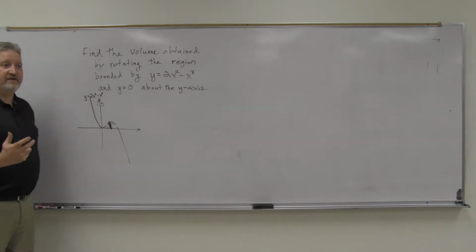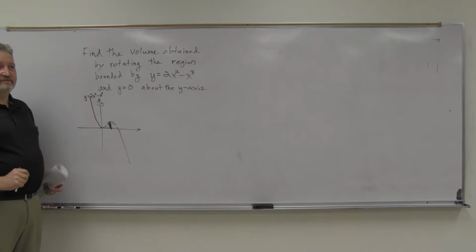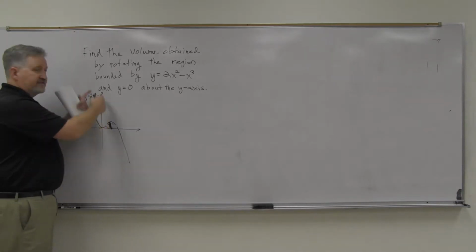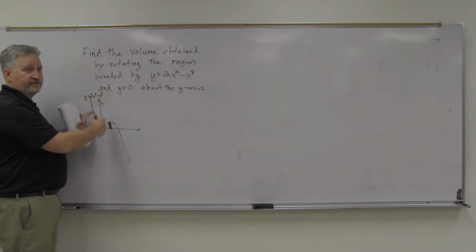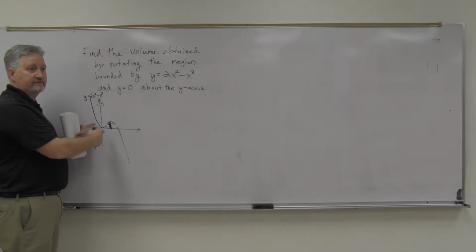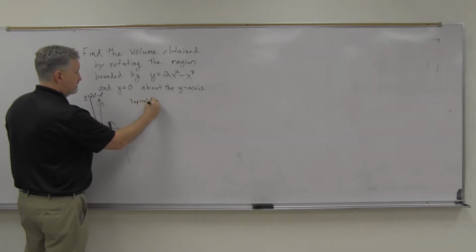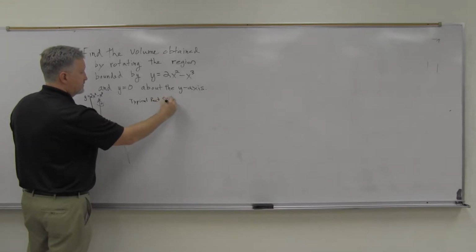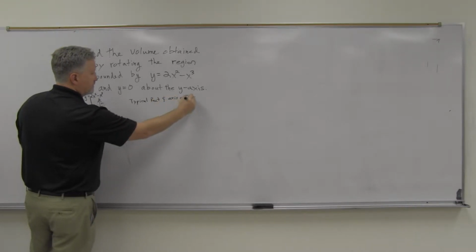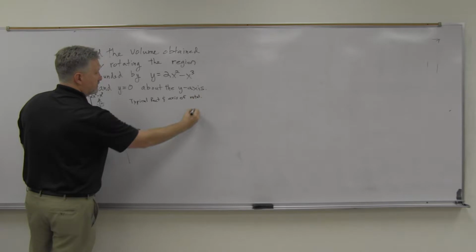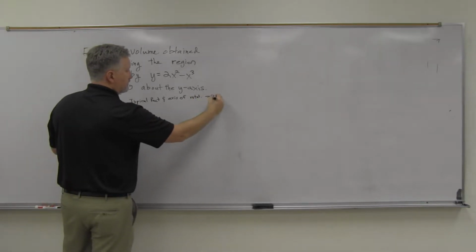But as far as method goes, which method is that? Well, look at the typical rectangle and the axis of rotation. What are they? Parallel, right? So the typical rectangle and the axis of rotation are parallel. What does that mean?